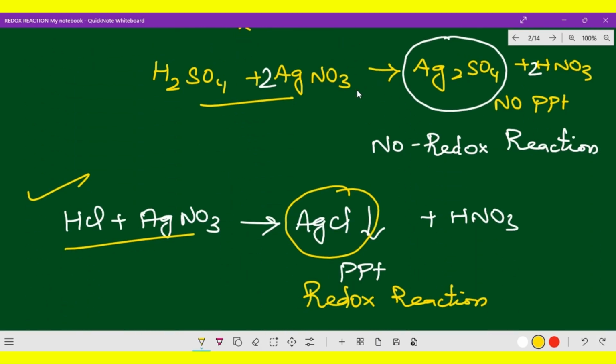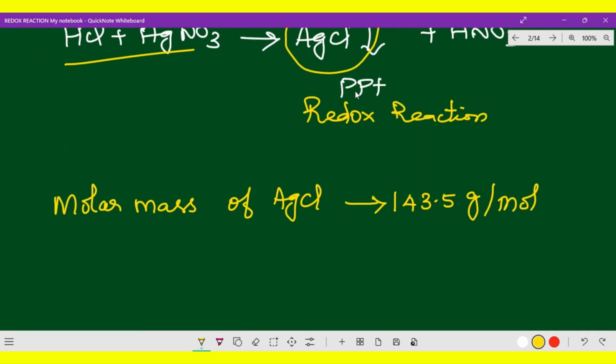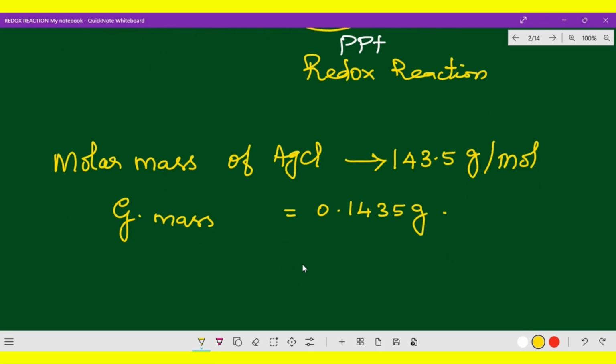So the given mass is 0.1435 gram. Directly, since we know the given mass and the molecular mass, we can find the number of moles.